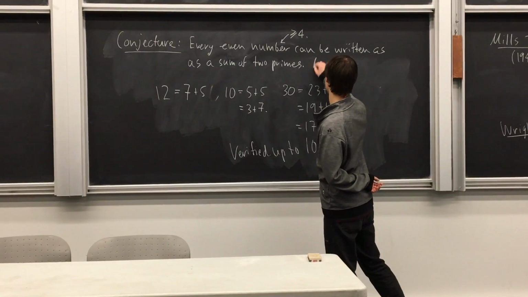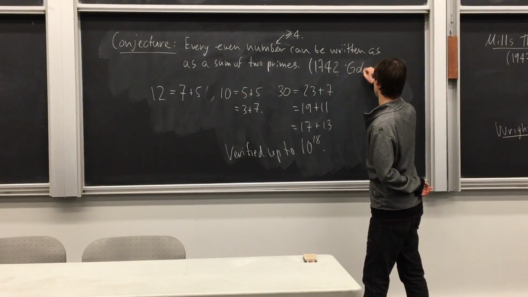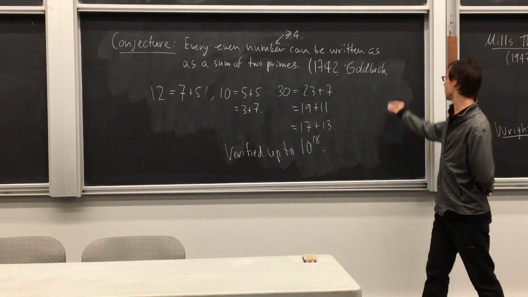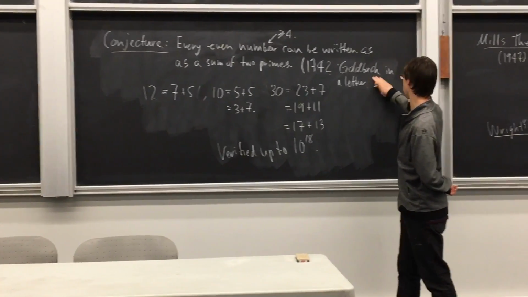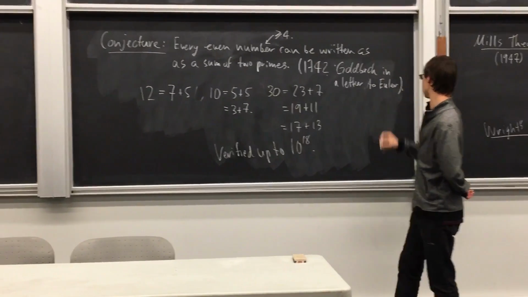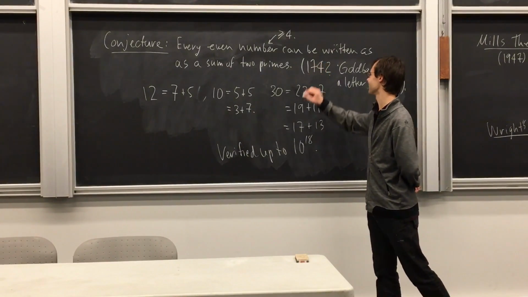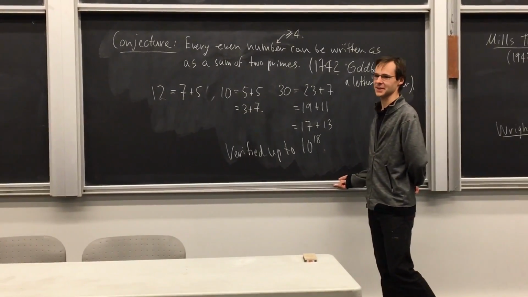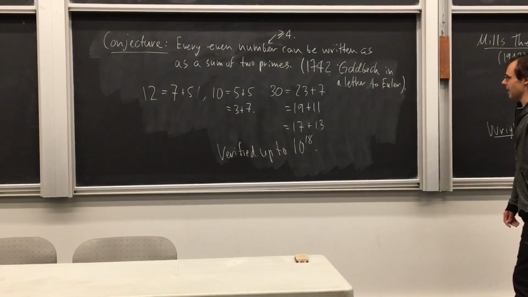So this was introduced, by the way, in 1742 by a guy named Goldbach, and now it's called Goldbach's conjecture, in a letter to another famous mathematician named Euler. Okay? Euler wrote back saying this is an almost certain theorem, but unfortunately I cannot prove it. Okay? Must have been a little embarrassing for Euler. Of course, not anymore. All right, so that's Goldbach's conjecture.